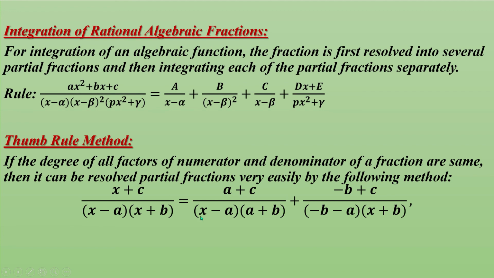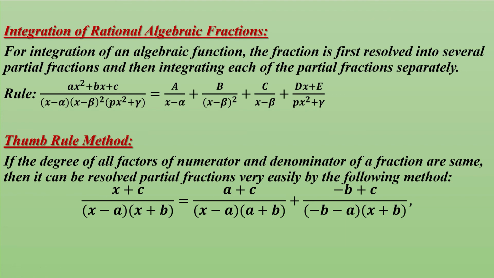At first we have to fix this part, that means x minus a fixed. We have to let x plus b equal to 0. Okay, and again we have to fix x plus b, then we have to take x minus a equal to 0.